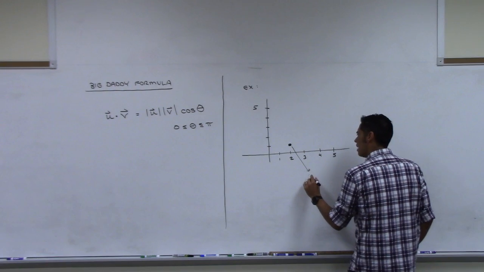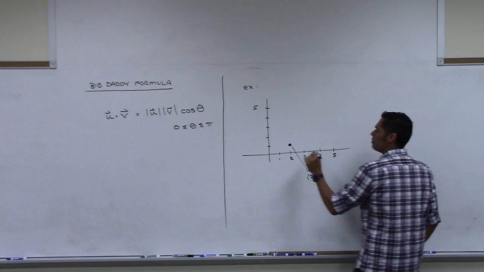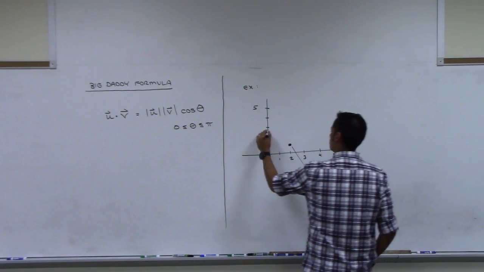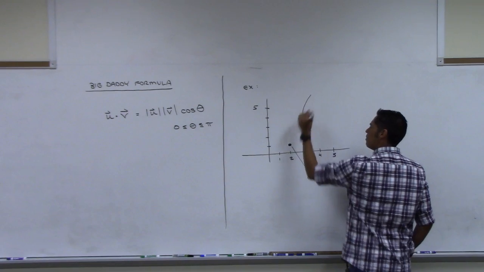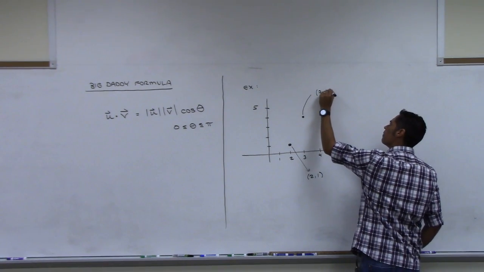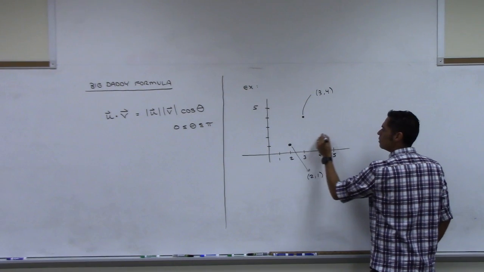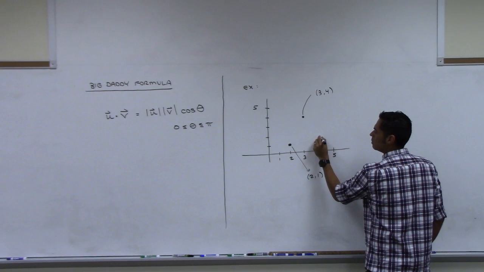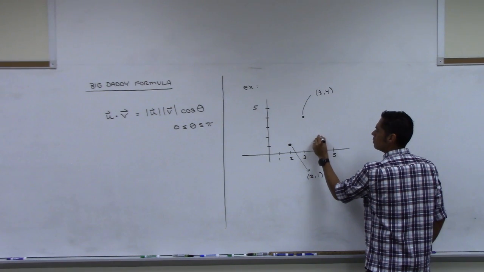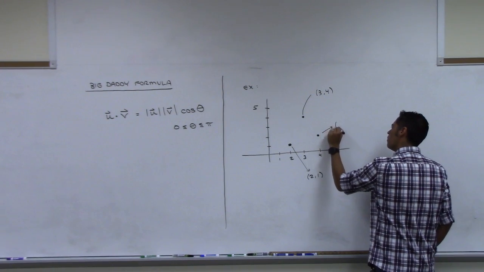Just so we're clear, that's the point (2, 1). I'm going to go to the point here. This is the point (3, 4). And then I'm going to go to the point (4, 2).